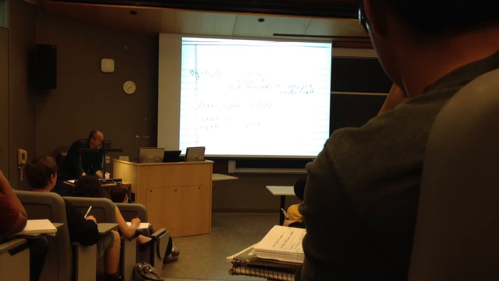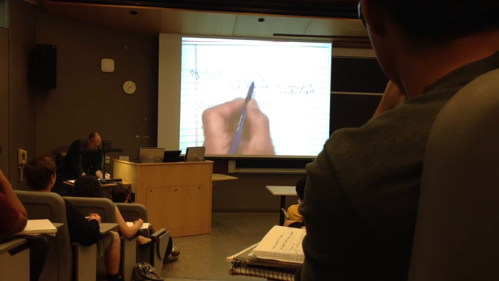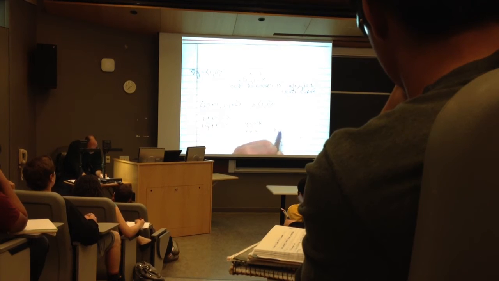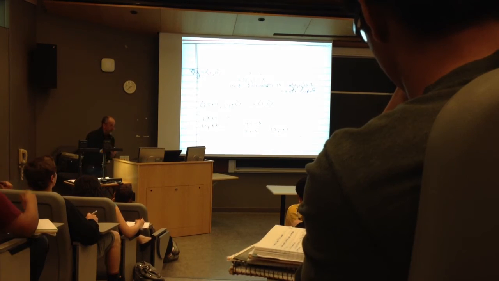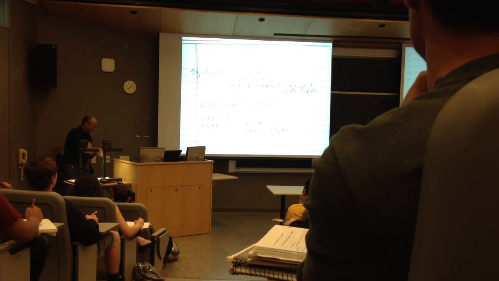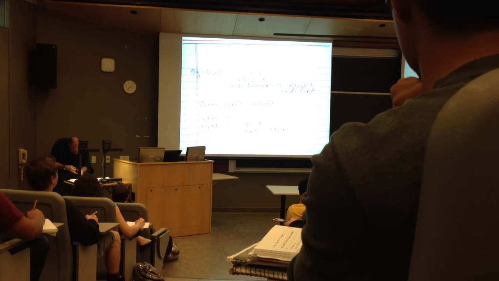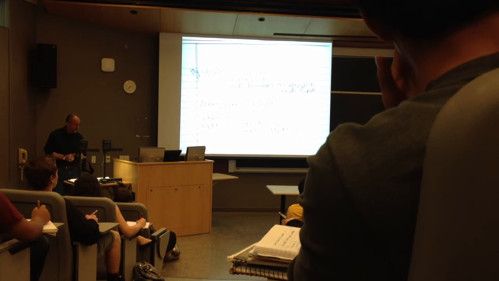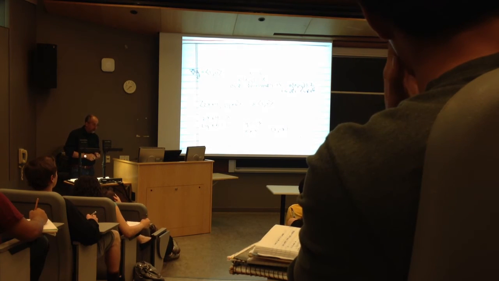X equals 2 is our constraint. So (2, -3) is the only place where the gradients are parallel. And so this point down here is a candidate for max or min.